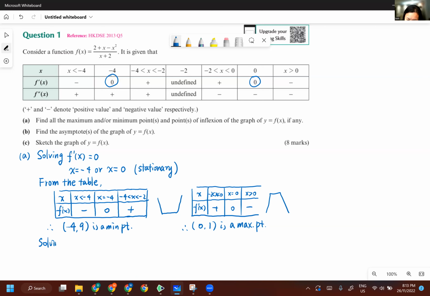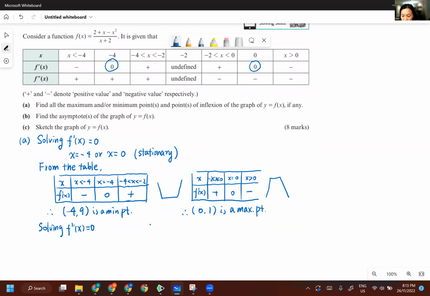Similarly, solving f prime prime equals 0, you will have, there's no solution. There is no solution. Okay.